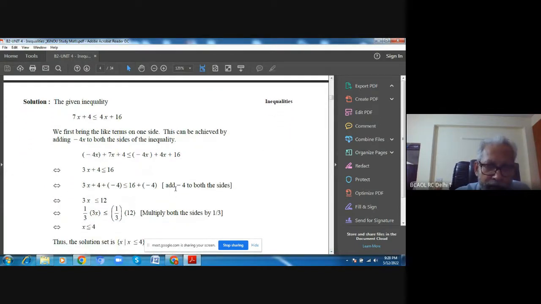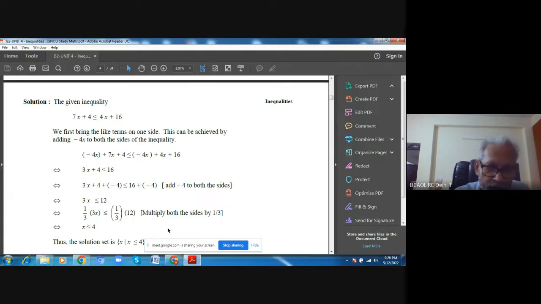So add these things. Okay. Now multiply both sides by 1/3. So positive. No problem. So the direction has not changed. Same direction.